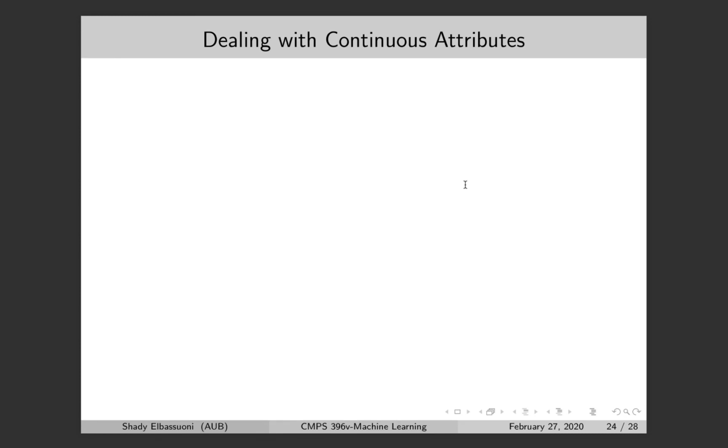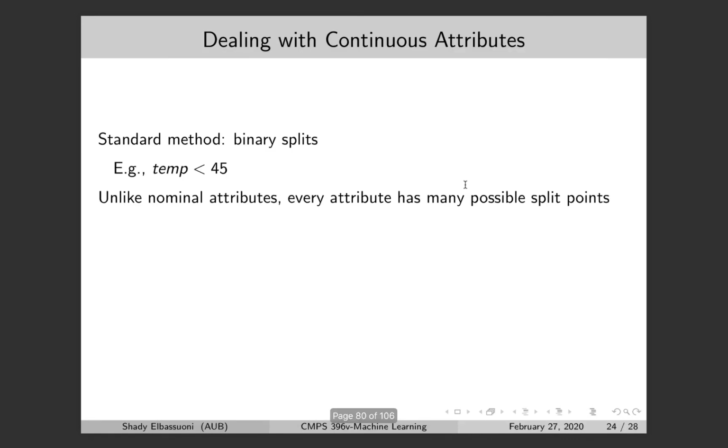How do I deal with continuous attributes? Similar to naive Bayes classifier, when I have continuous attributes, things are a little bit more complicated. So the standard method is to do binary splits. So I can say, for example, temperature is less than 45.